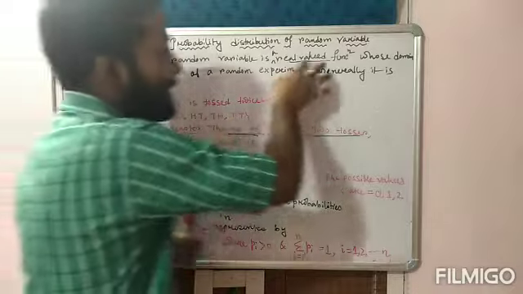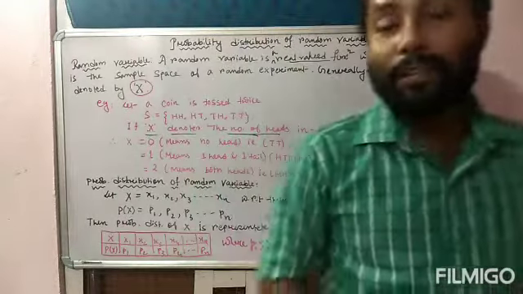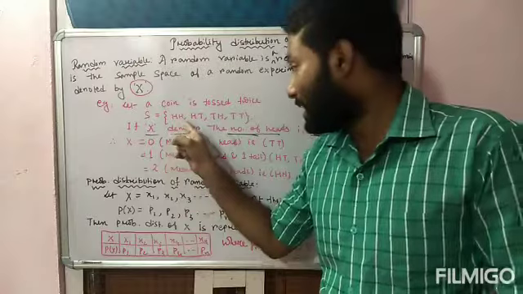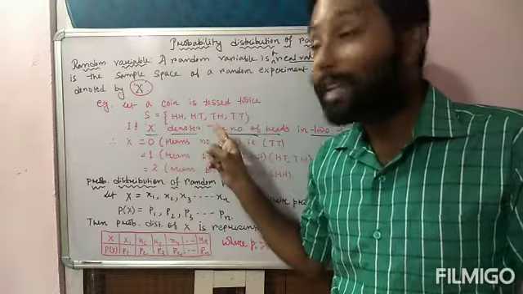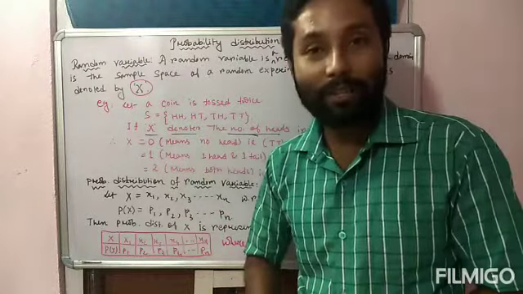Of course you can say sir, real number means we can include negative, but according to this sample space we can't include negative values. Yes or not?